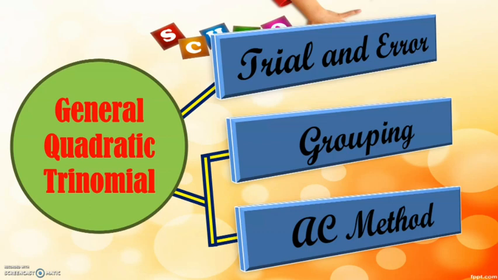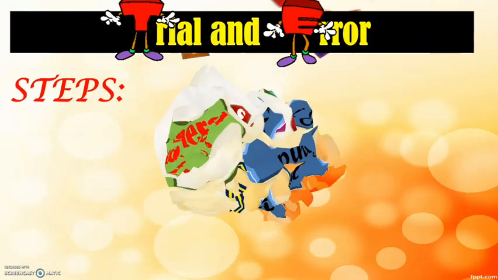So let us start our discussion by using trial and error in factoring general quadratic trinomial. But of course, we need to enumerate first the steps that we need to follow in order for us to factor general quadratic trinomial by trial and error. So here are the steps.